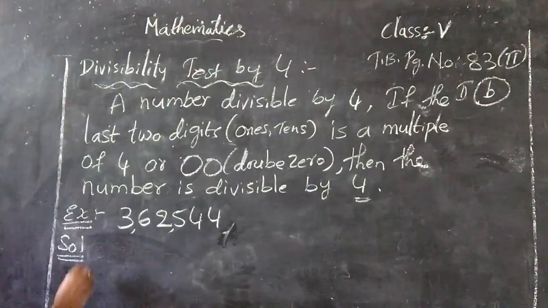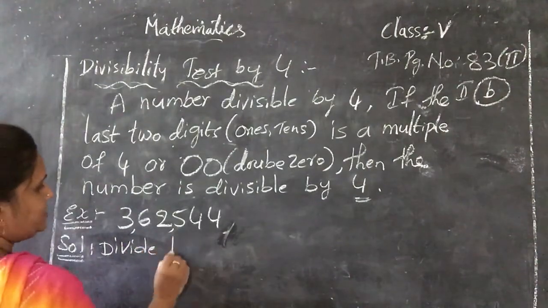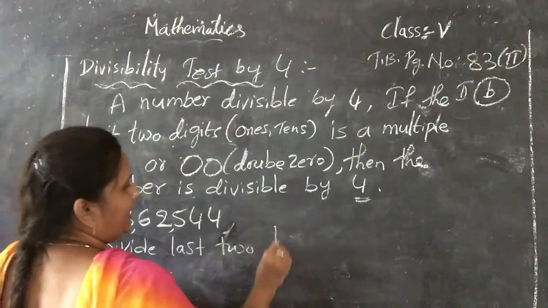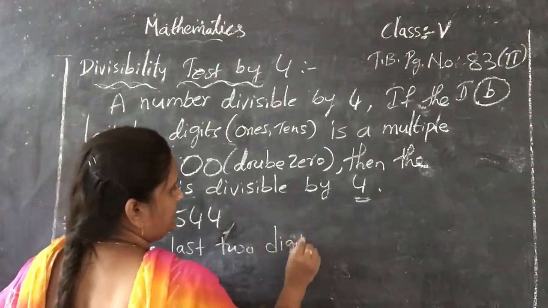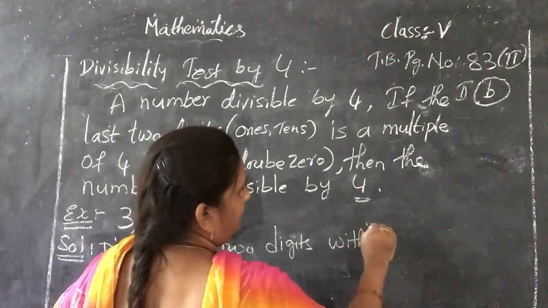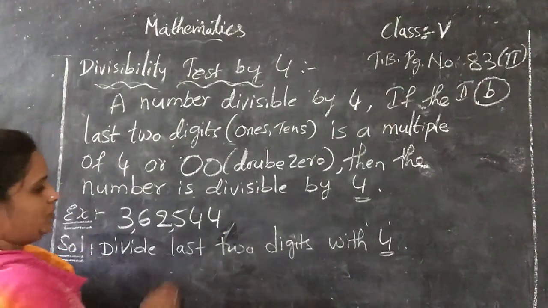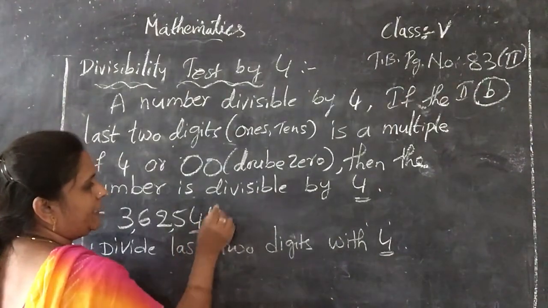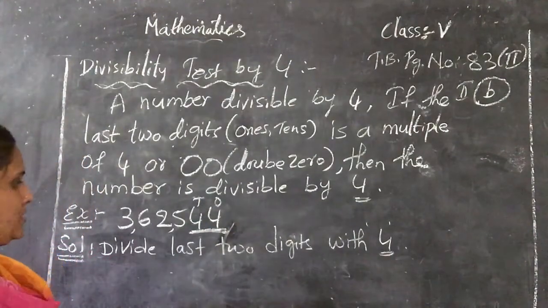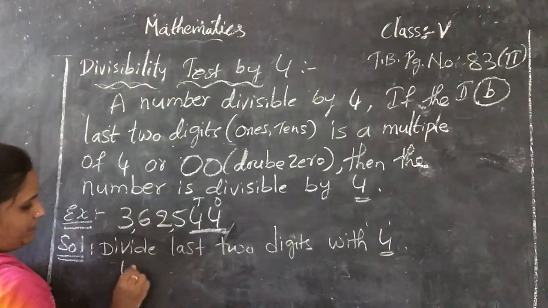Divide the last two digits with 4. If you get the remainder 0, last 2 digits means underline ones and tens, children. Okay? So, what are the last 2 digits? 44, isn't it?